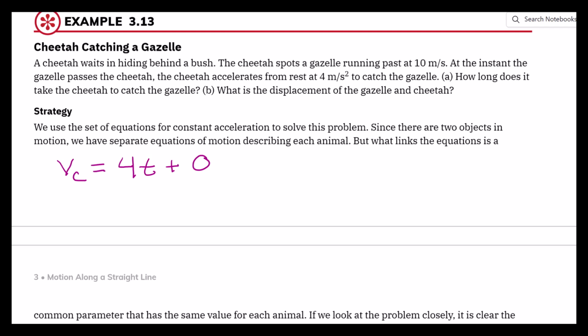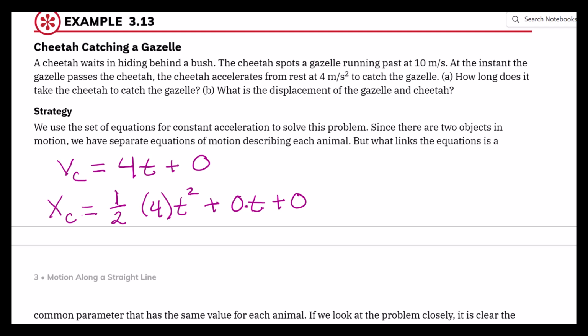We could also say the position covered by the cheetah is 1/2 acceleration times time squared plus her initial velocity, which is 0, times t, plus 0, so that's the distance traveled by the cheetah.